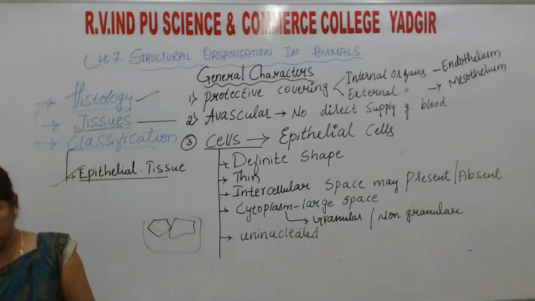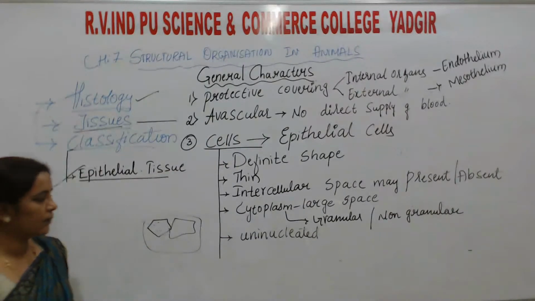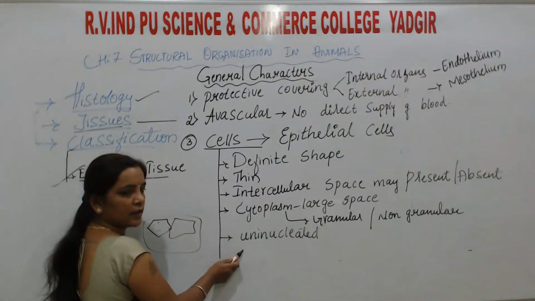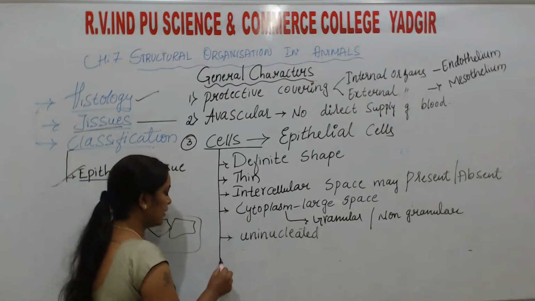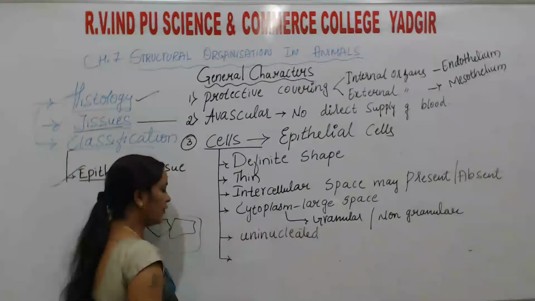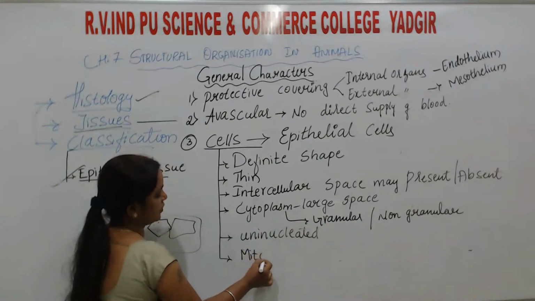After this, they are uninucleate, with a large, prominent nucleus, and they undergo mitosis to multiply.